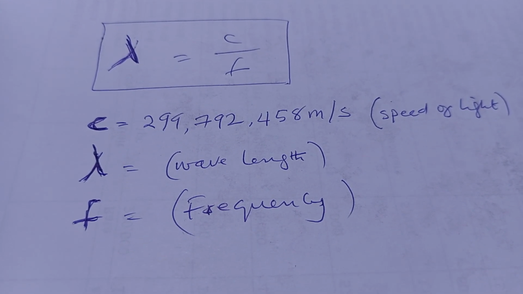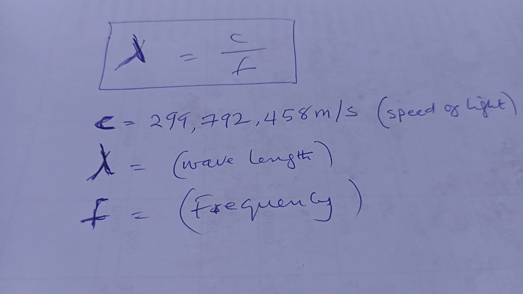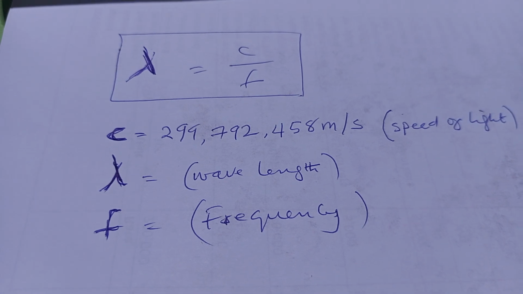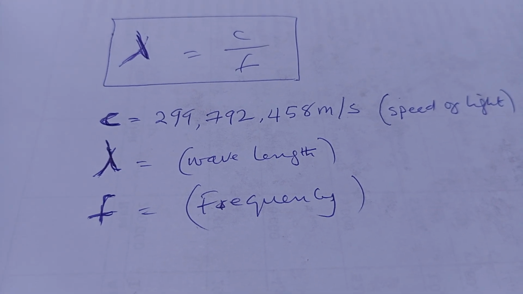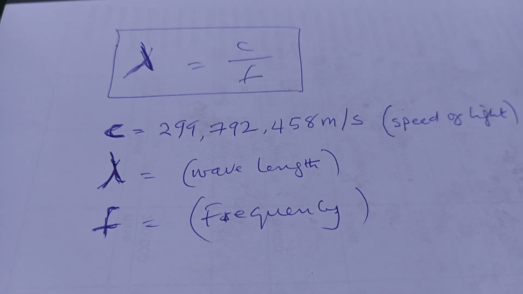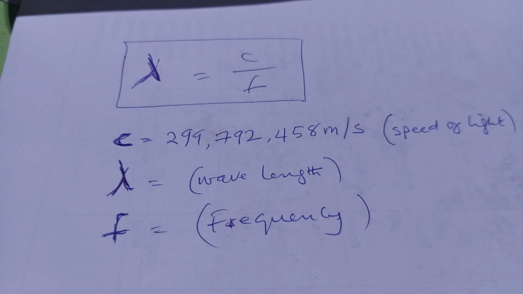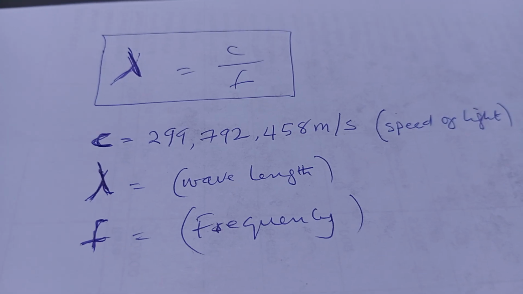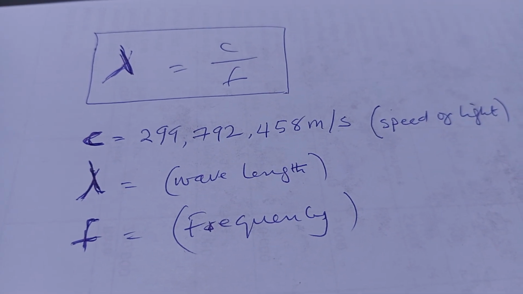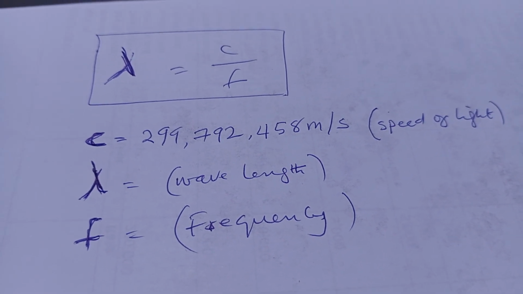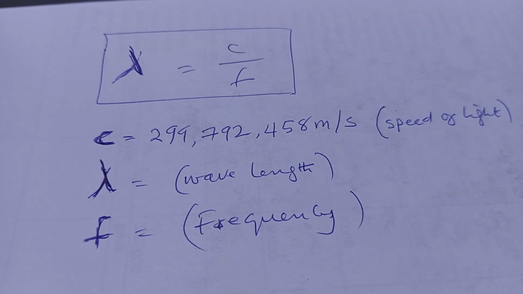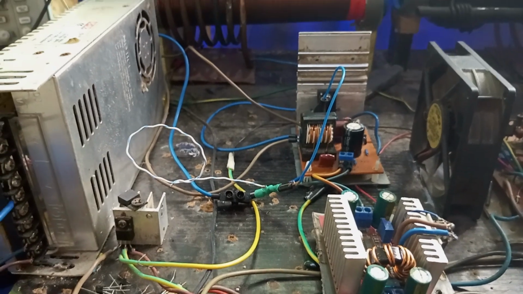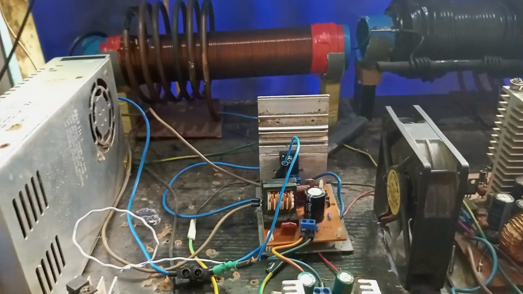This is the formula. The speed of light is approximately 300 million meters per second. Then we have the wavelength and the frequency in the formula. So if you relate all, you get the appropriate frequency given the wire length, which is represented by the wavelength. Okay, folks, you have seen that.